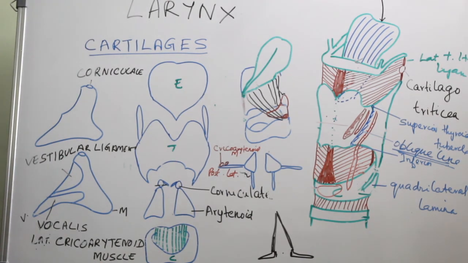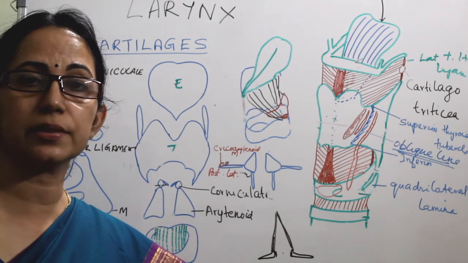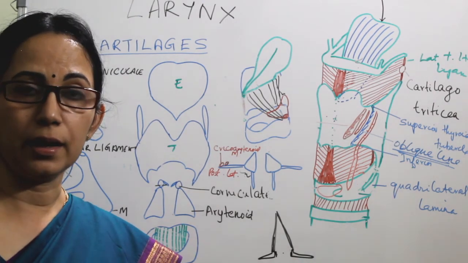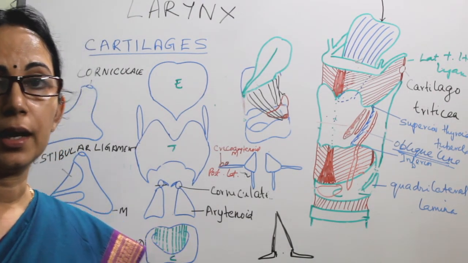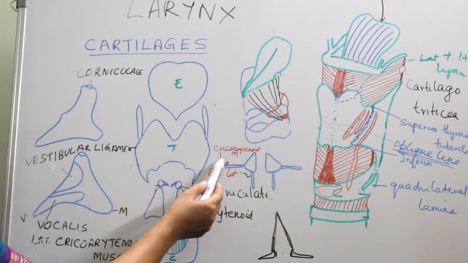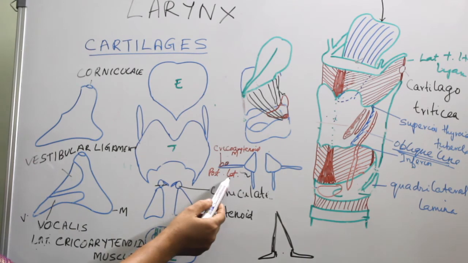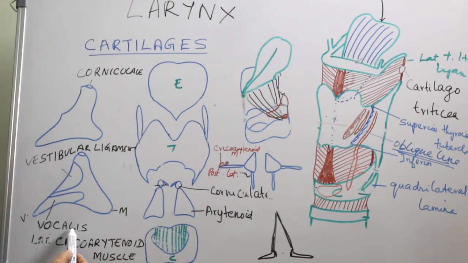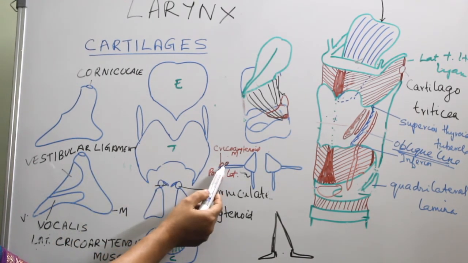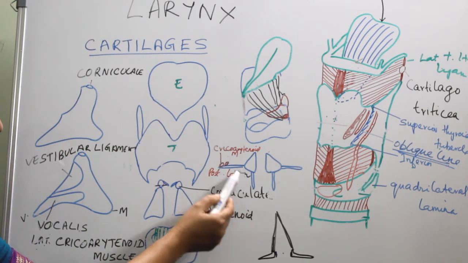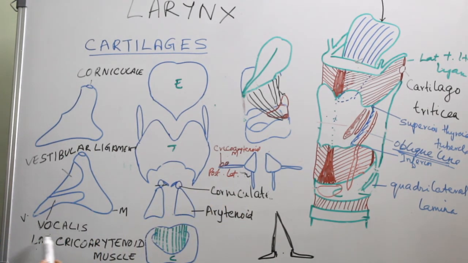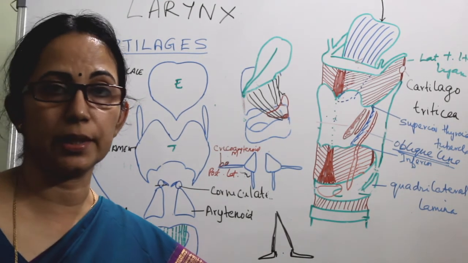Three muscles are attached to the arytenoid. On the posterior surface there is the transverse arytenoid muscle, and to the muscular process attaches the cricoarytenoid muscle, both posterior and lateral fibers, and also between the muscular process and the vocal process on the anterolateral surface the vocalis muscle is attached. So the vocalis muscle, cricoarytenoid muscle and the transverse arytenoid muscle are attached to the arytenoid.